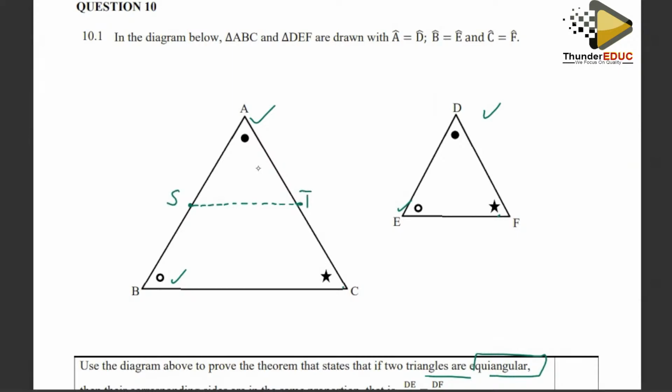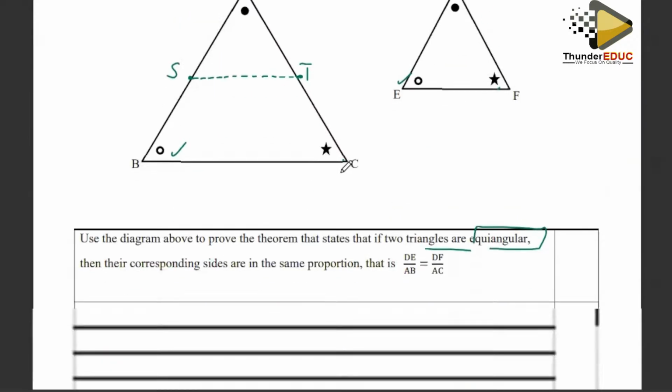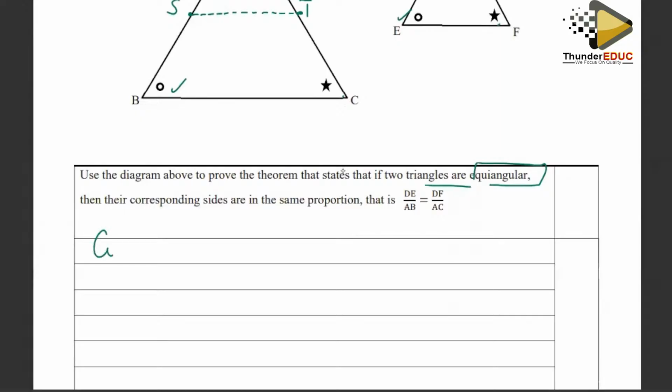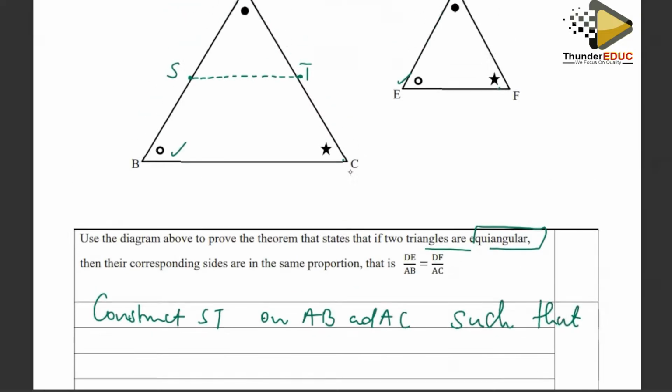I'm going to label them S and T. So step number 1, you have to tell us to construct the line ST on the sides AB and AC such that the distance AS is the same as DE, and the distance AT is the same as DF. That is what we need to start with.